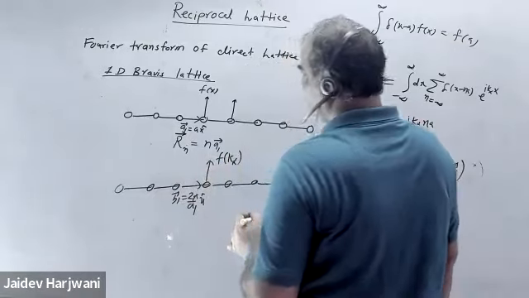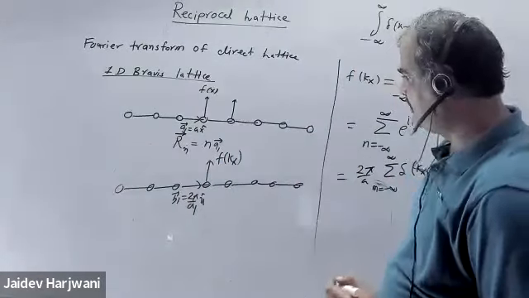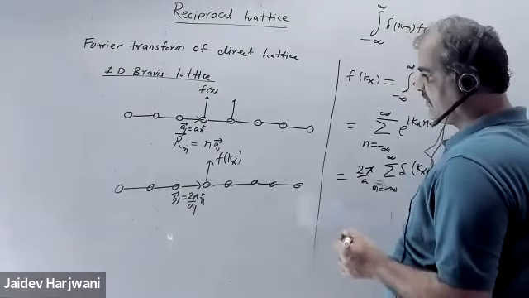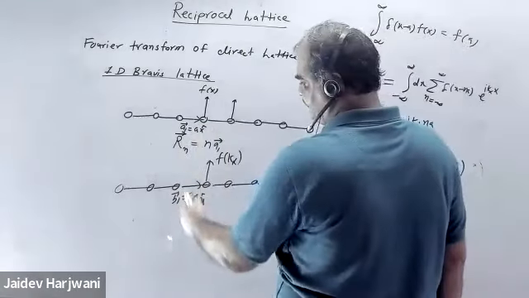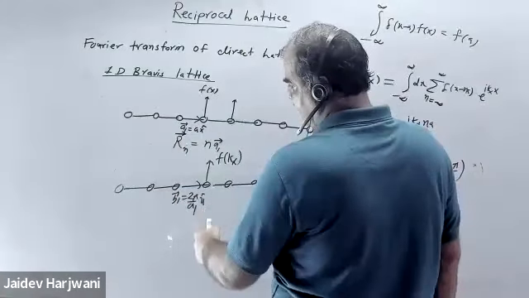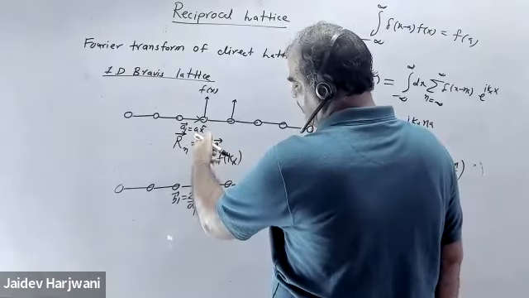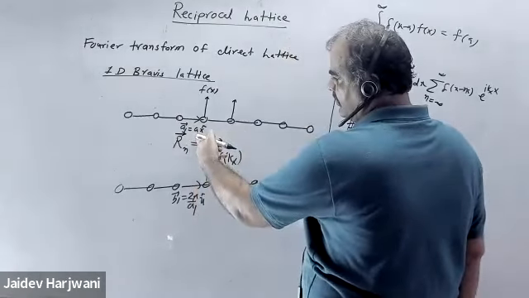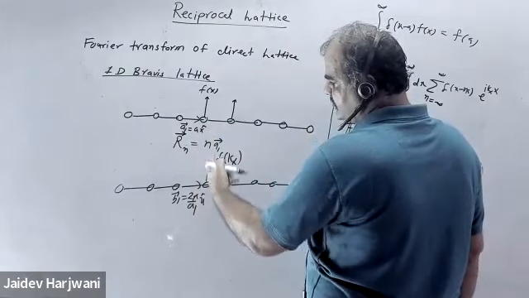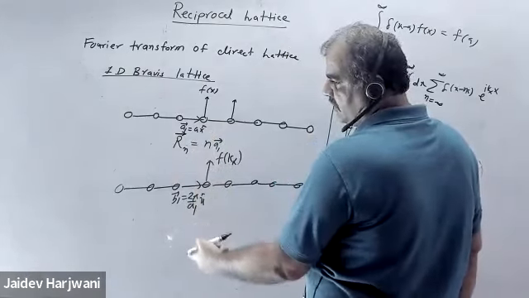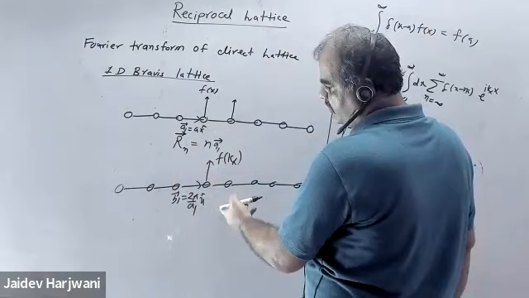So the Fourier transform of a 1D lattice is again a 1D lattice, only the distance changes. In the direct lattice the spacing is a, and in the reciprocal lattice it is 2 pi by a. So the dimension is inverted, that's why it is called the reciprocal lattice.